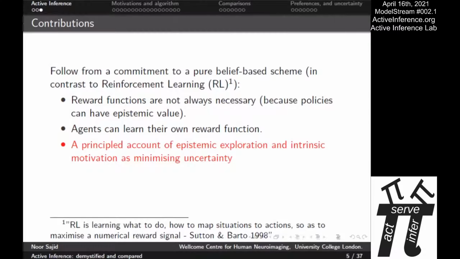The second point we wanted to make was that active inference provides a principled account of epistemic exploration and intrinsic motivation as minimizing uncertainty. And again, within the RL setting, this is quite crucial, because the whole premise of lots of new algorithms that we see in RL is to try and find the right trade-off or balance between exploration and exploitation.